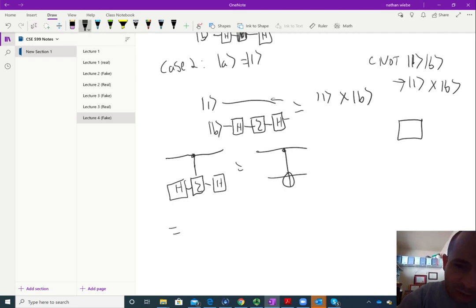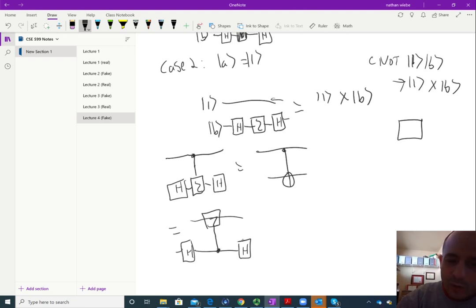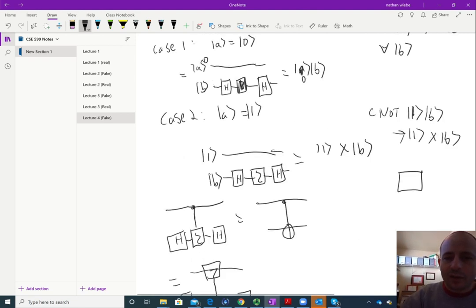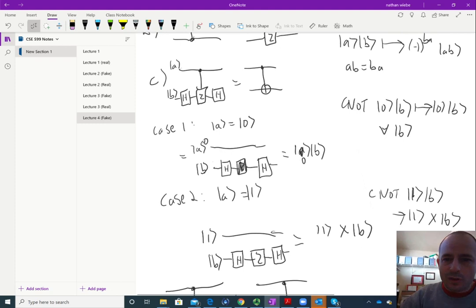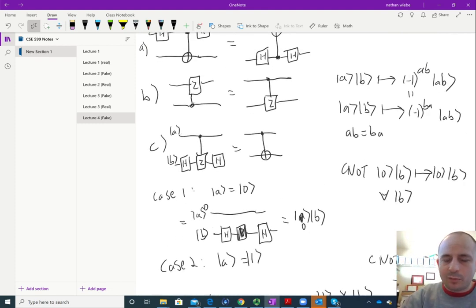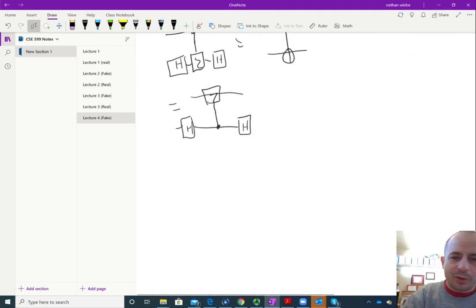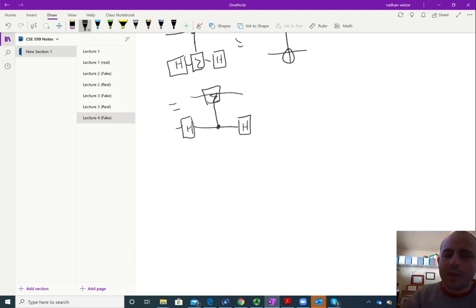That also ends up implying, because we can flip the direction of a controlled Z, this is exactly the same thing as putting an H here and an H here, right? Because all I've done is use this property here, property B, in order to flip the direction of the Z gate in the middle, or the controlled Z gate.